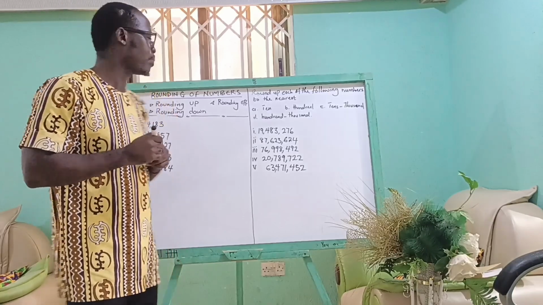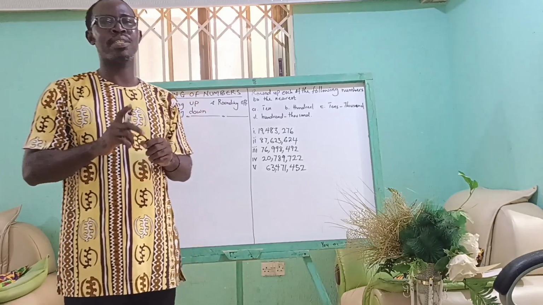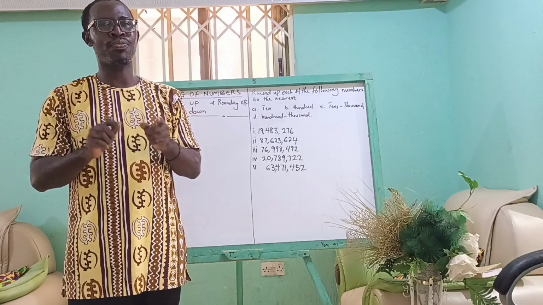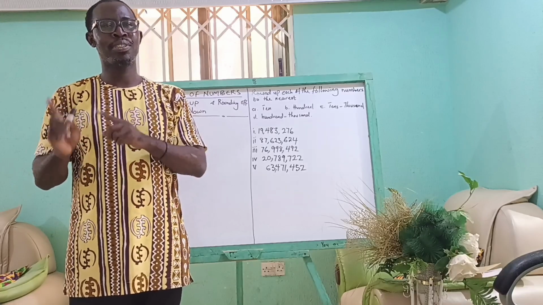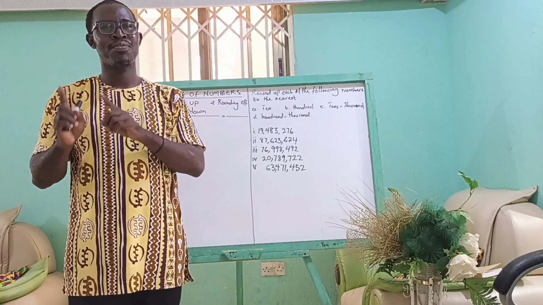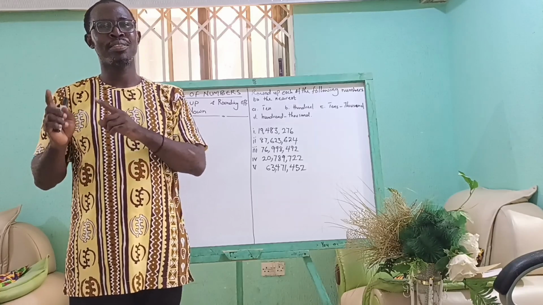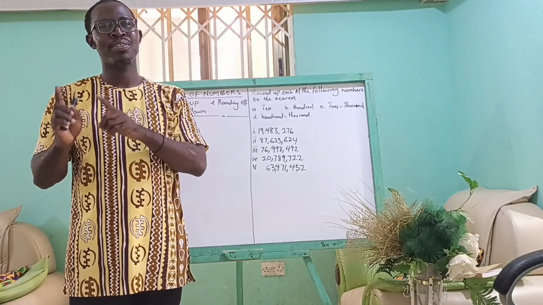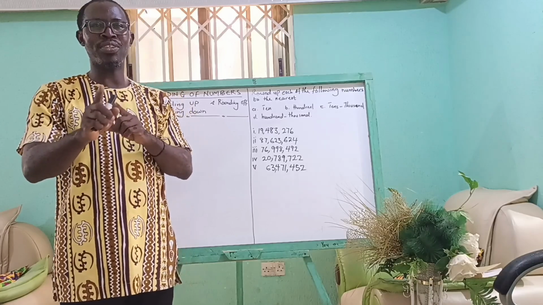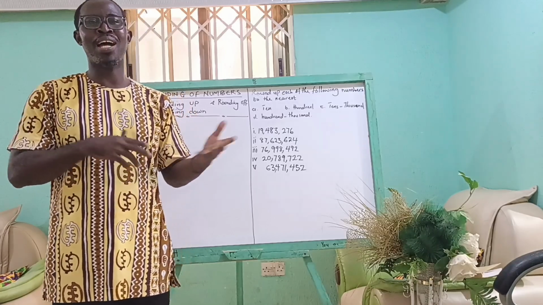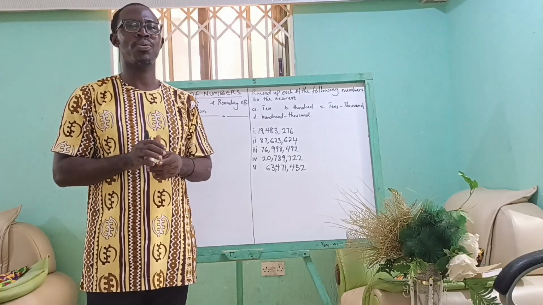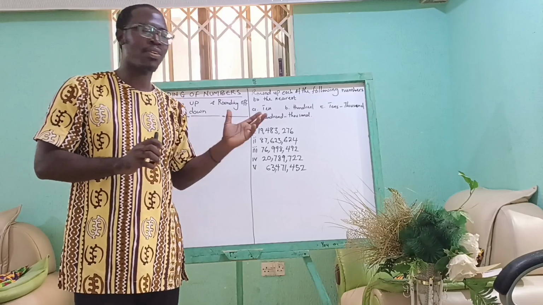But I hope you have not forgotten the usual song we have been singing: 0 to 4, 0; 5 to 9, 1; 0 to 4, 0; 5 to 9, 1. I hope you have not forgotten it. We are going to use that one to help us with the rounding of numbers.